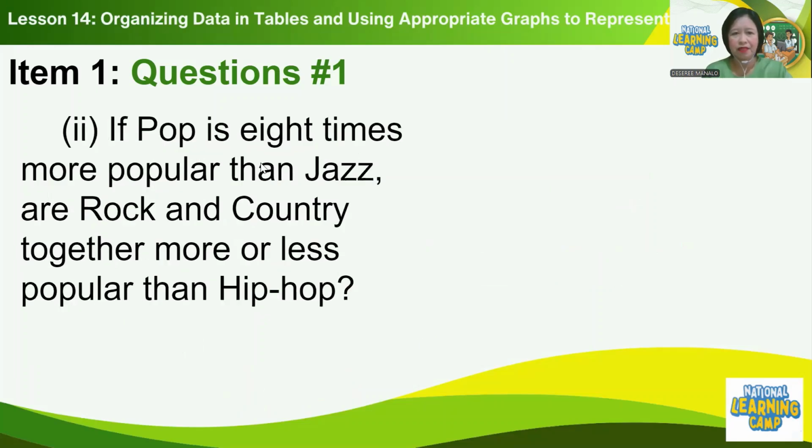Question 1 to I. If pop is 8 times more popular than jazz. So again, 8 times more popular than jazz. Are rock and country together more or less popular than hip hop?